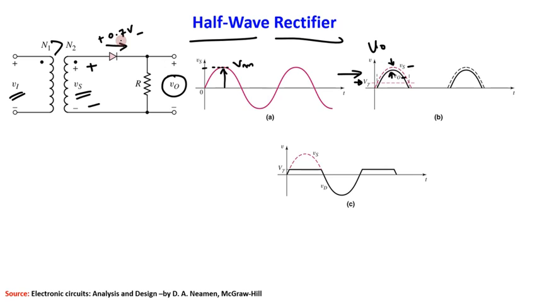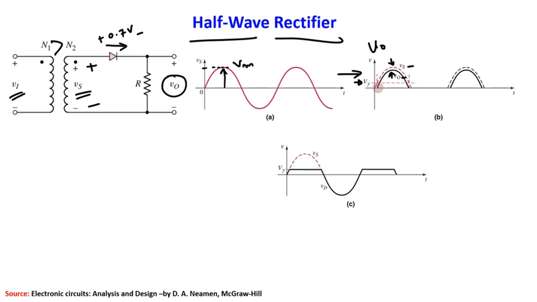You remember last class, the piecewise linear model. When Vd is less than V gamma, I equals 0, right? That means open circuit. This diode is open circuit.